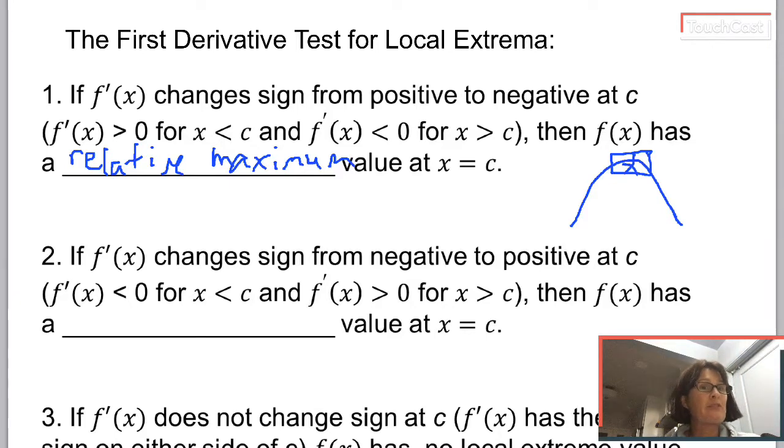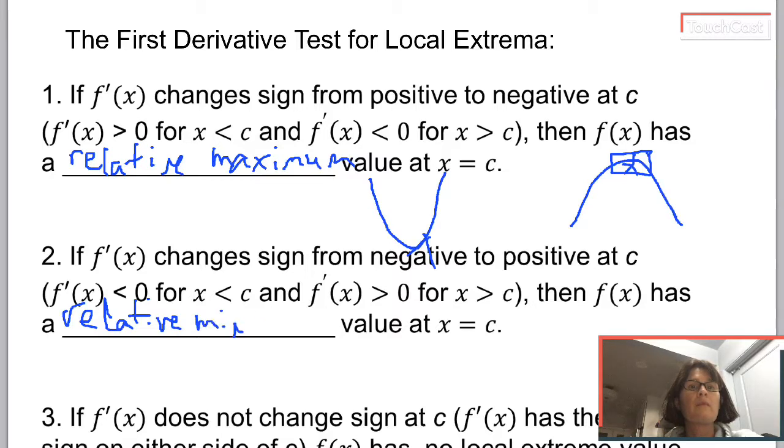If instead f prime changes from negative to positive, that means f must have been going downhill and then come back uphill. Then I have a relative minimum. F can also have a critical point at which it does not change sign.